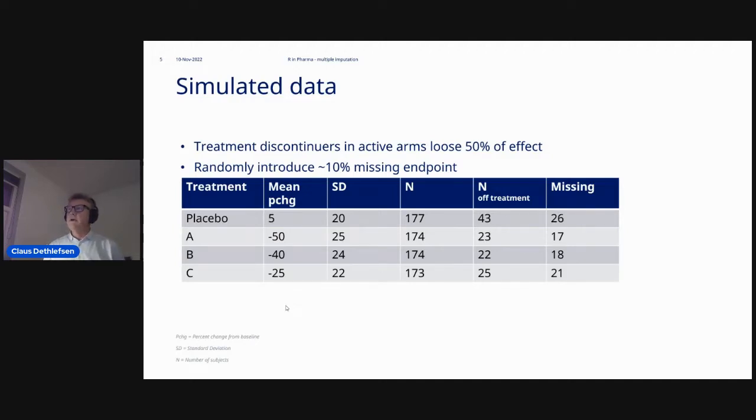And you can see other parameters here, for example, how many are missing and how many go off treatment during the trial. For the participants who discontinue treatment before they reach the end of treatment, I have simulated so that they lose half of the effect they would have achieved if they stayed on treatment. And then I've randomly introduced about 10% missing data.